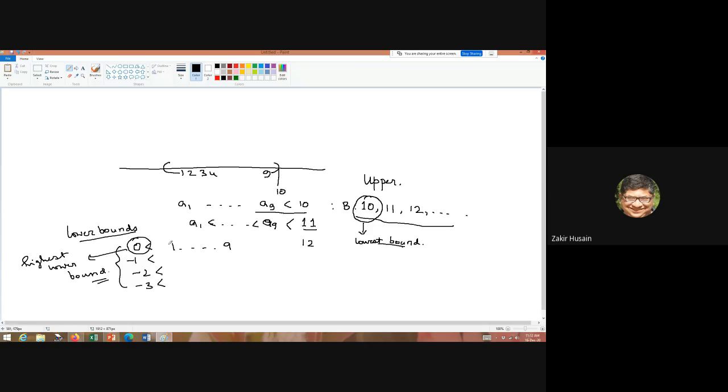We can say that the boundaries of the set are -100 and +100. But does it really precisely define the set? It doesn't. Because it may appear that -99, 0, -5, 20, all these are part of the set.